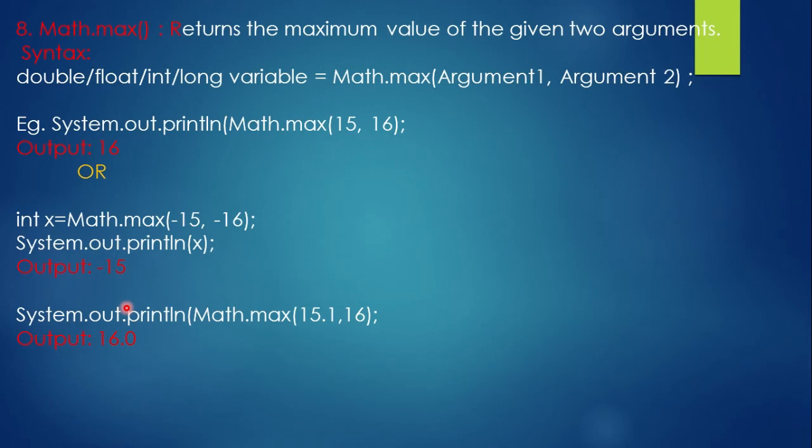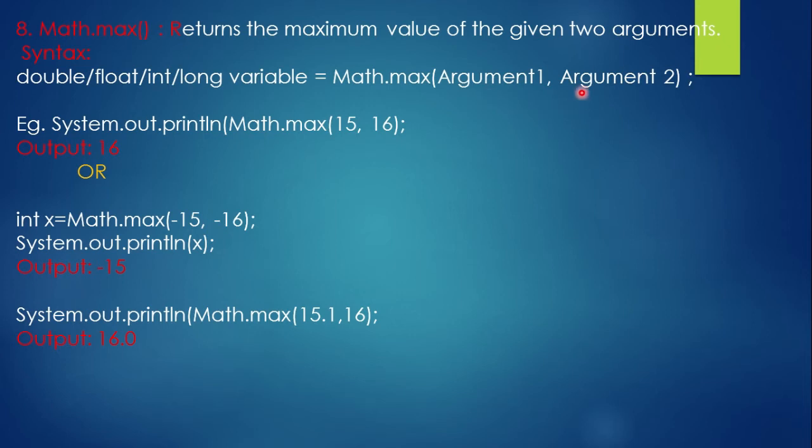Next, the eighth function, math.max. It will return the highest value from two arguments. This also has the same types of return, double, float, int, long, depending upon the argument that you give.